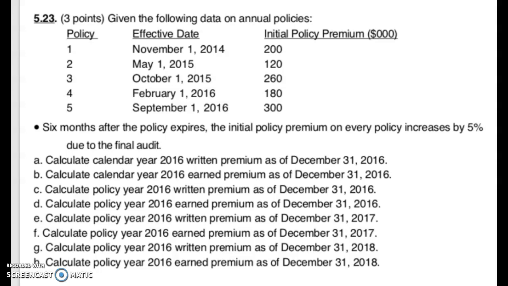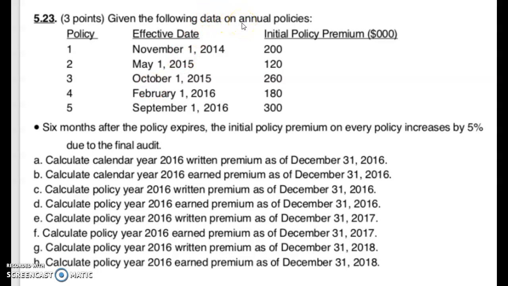In question 5.23, we have the given data. We have the effective date for 5 policies, and also we have the policy premium for each policy.